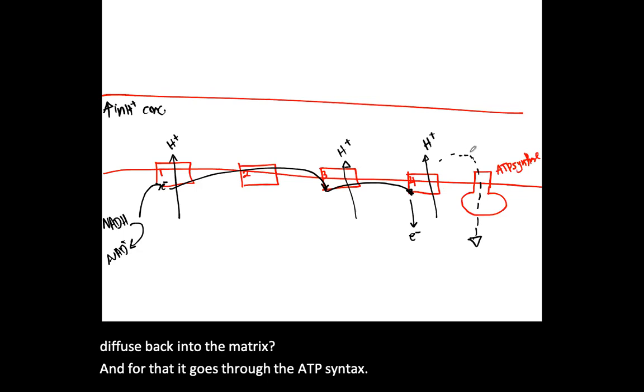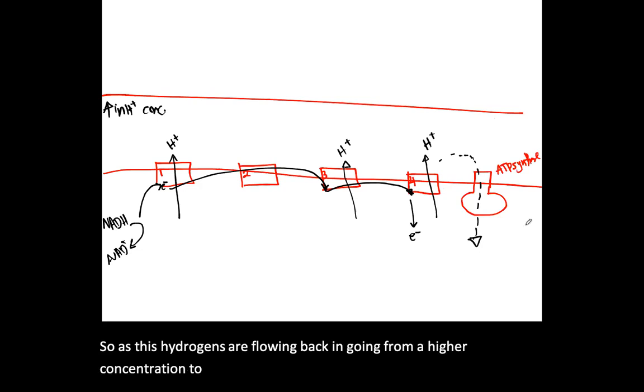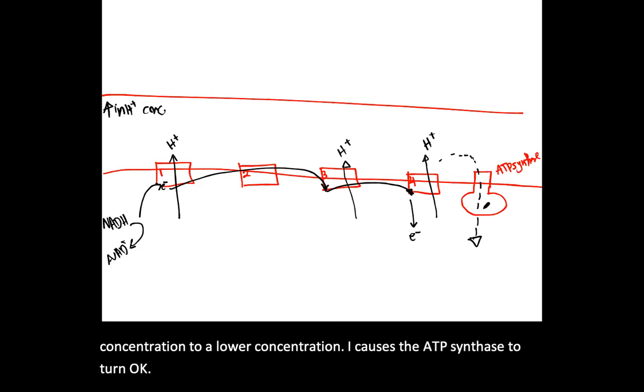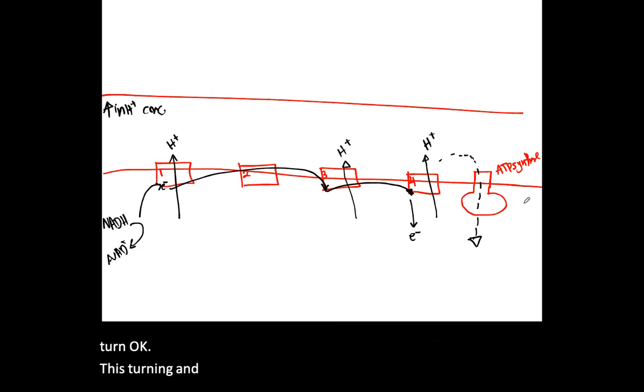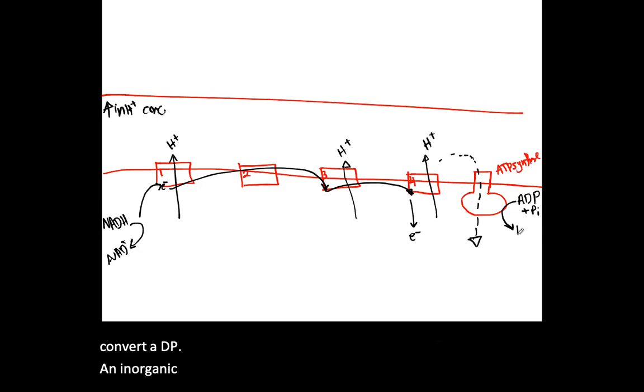So as these hydrogens are flowing back in, going from a higher concentration to a lower concentration, it causes the ATP synthase to turn. This turning, and again, we're not going to get technical, allows me to convert ADP and an inorganic phosphate to ATP.